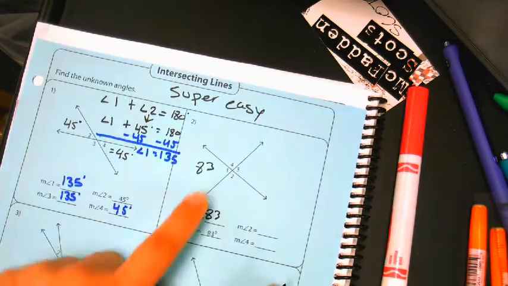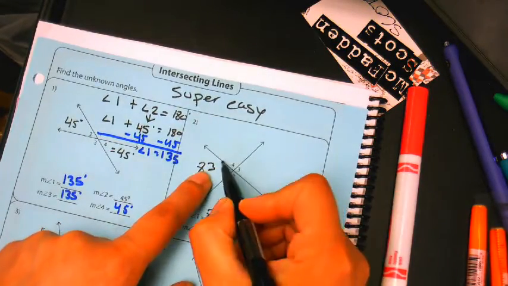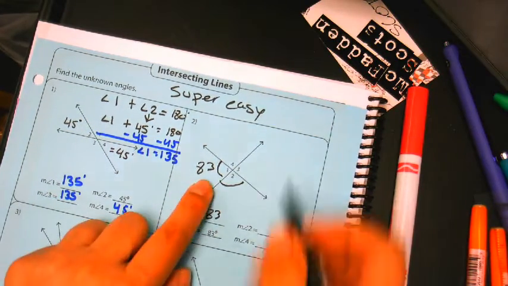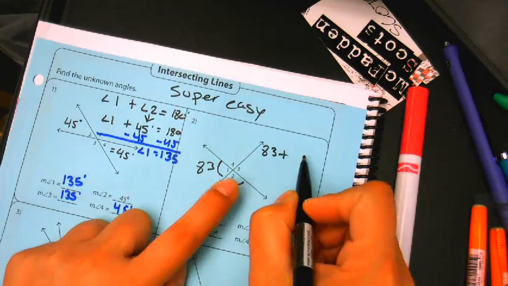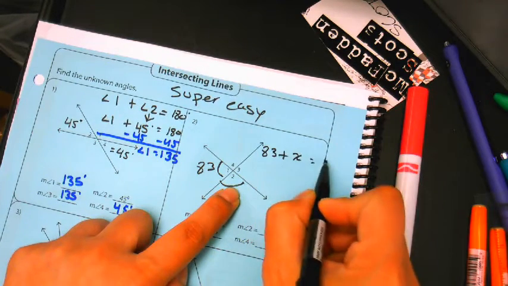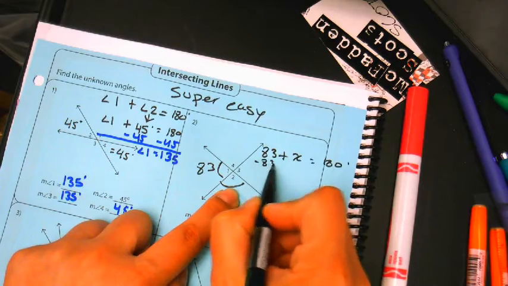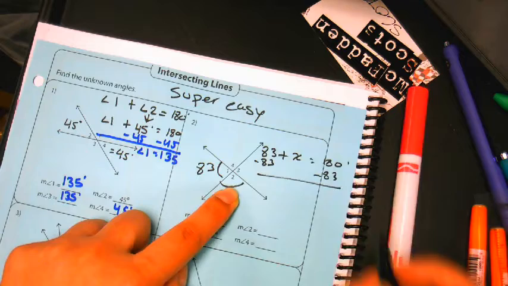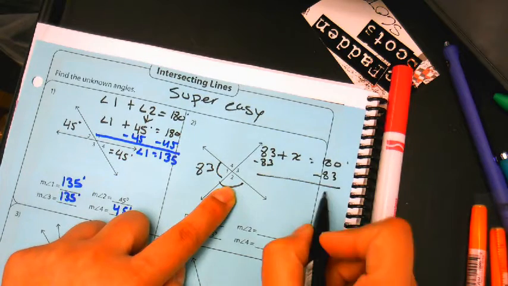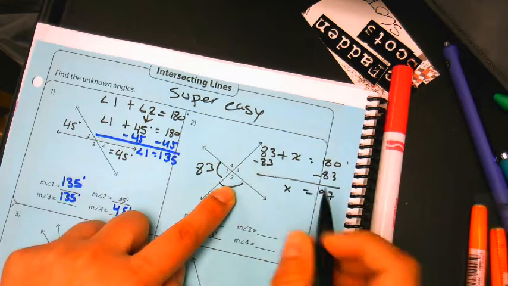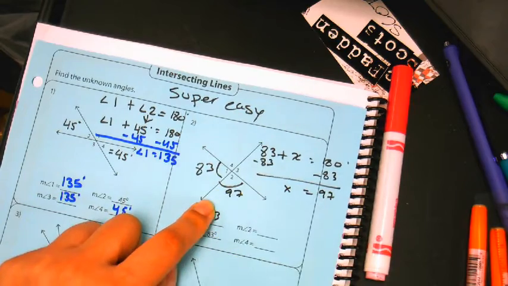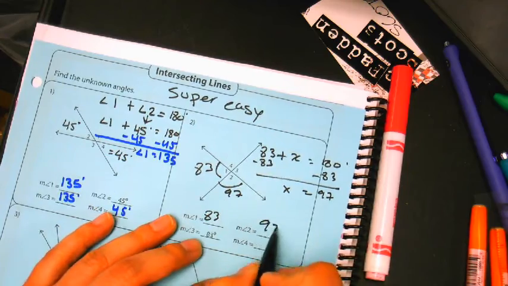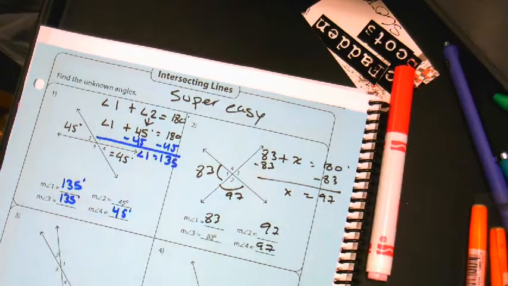I know this is 83 plus, I don't know, x is equal to 180. So, subtract 83, subtract 83. What's 180 minus 83? 97. So, x equals 97. This is a straight line. What do straight lines equal to? 180. So 97, you're done.